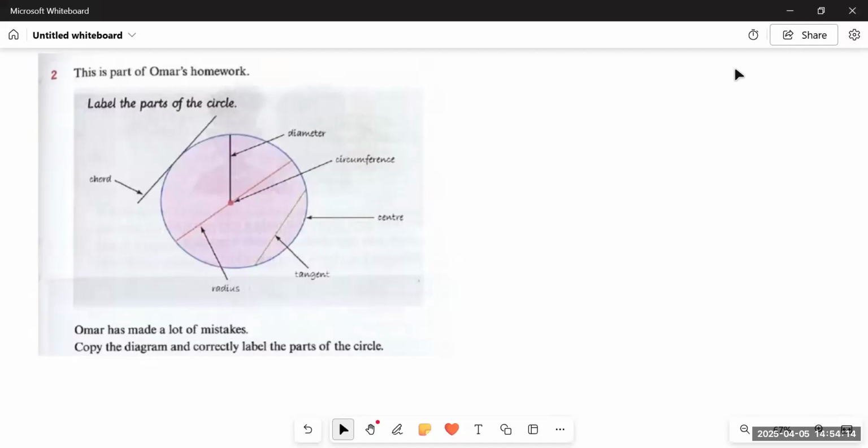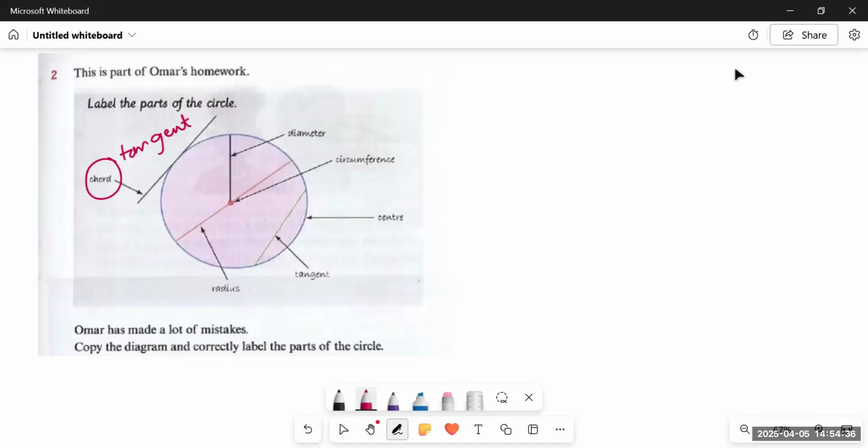Now, this is the next question in which they have provided us with Umar's homework, where he has to label the parts of the circle. So the line that is touching the circle outside of it at the circumference at one point, he has written its chord, although it's not a chord, it's a tangent.